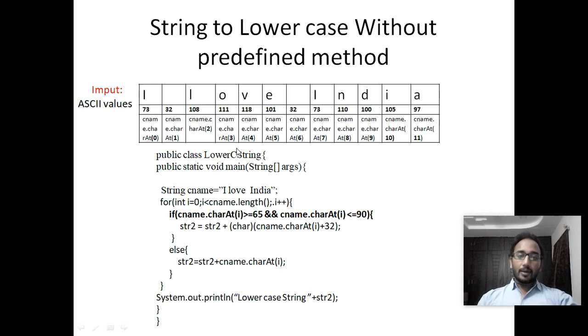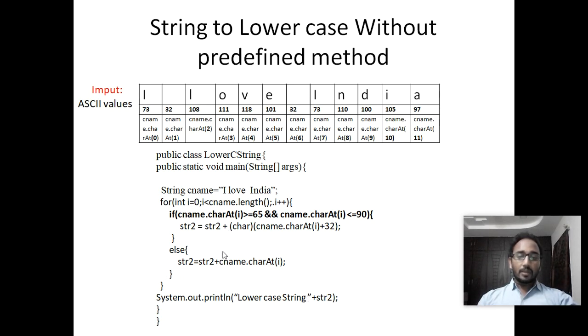If the character is already in lowercase, the else part comes into the picture. In the else part, all the lowercase alphabets as well as other special characters will be directly added. Those values won't be updated. Only the characters which have ASCII values from 65 to 90, we are going to update by 32. The rest of the characters we keep as they are and add into the resultant string.